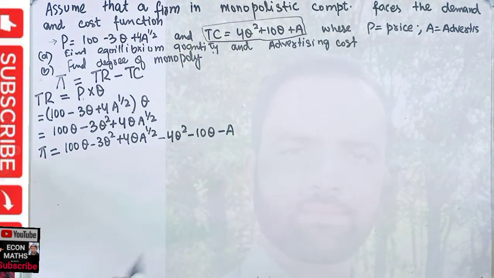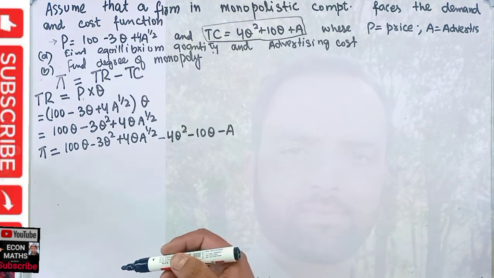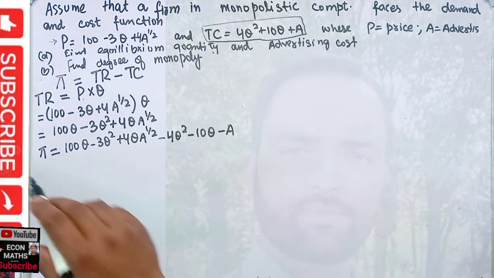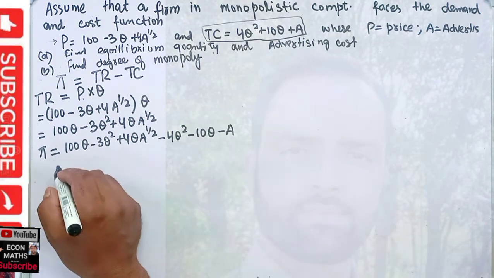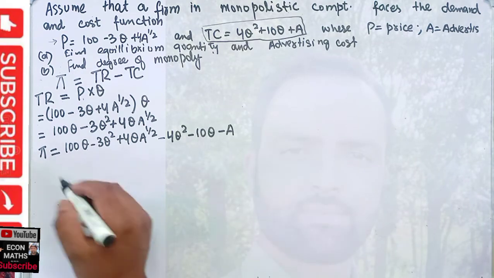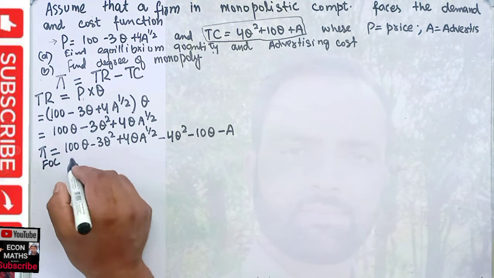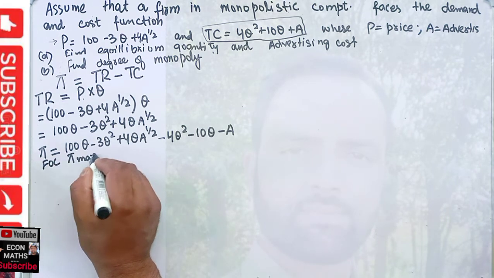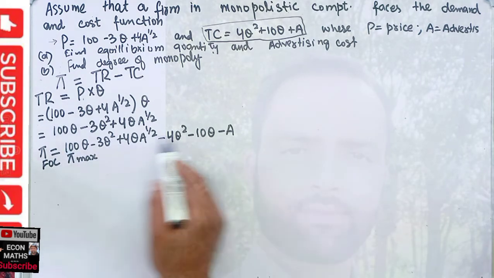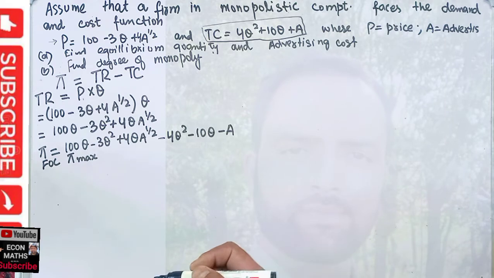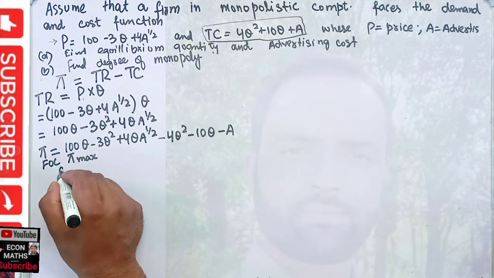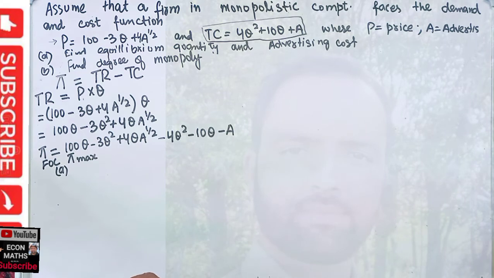Now, as we know, at equilibrium the firm wants to choose the level of output and advertising in such a way as to maximize its profit. The first order condition for profit maximization has two conditions.